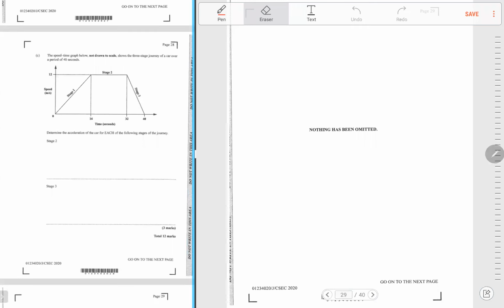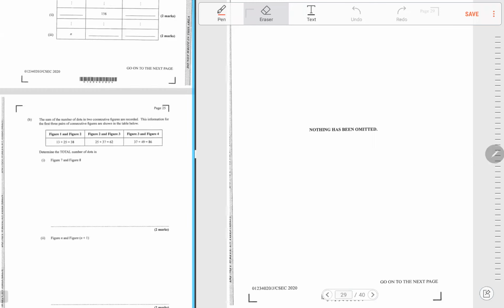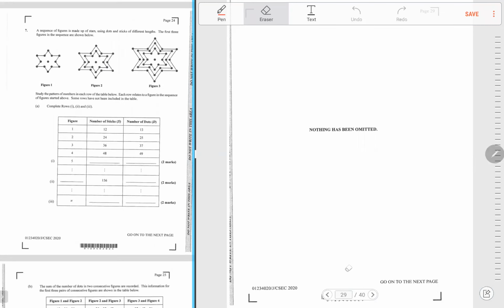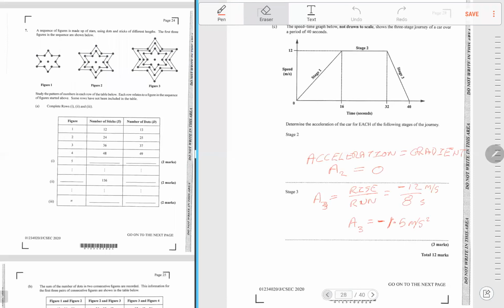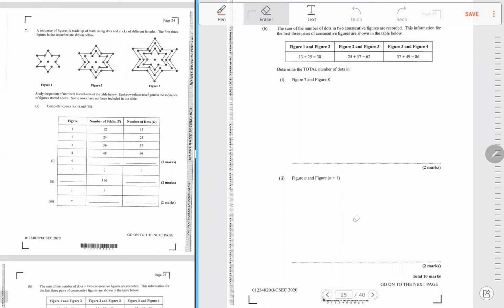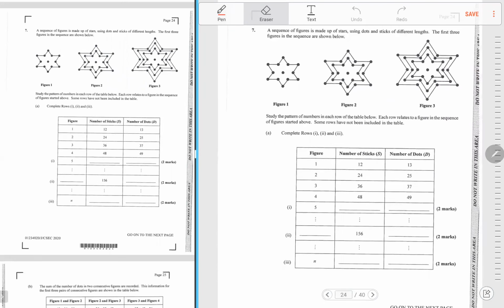So all right, we're going back now to question number 7. Question 7. All right, so that's a pattern question. This question says, a sequence of figures is made up of stars using dots and sticks of different lengths.